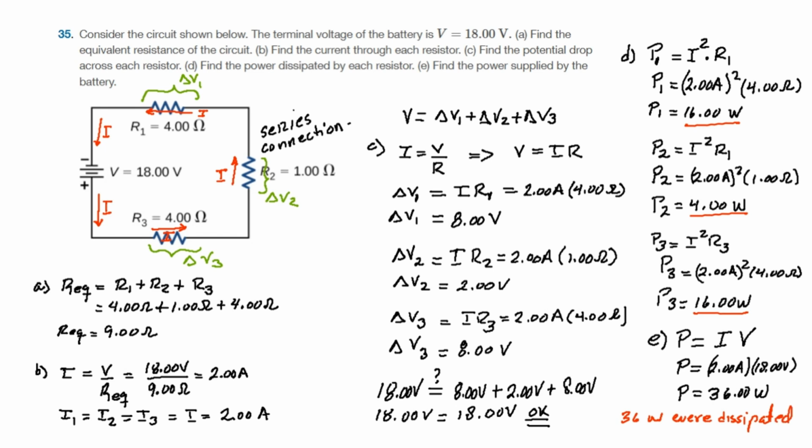Right? Now, 36 watts were provided by the battery. So I have the same number of watts dissipated as the number of watts provided by the battery.